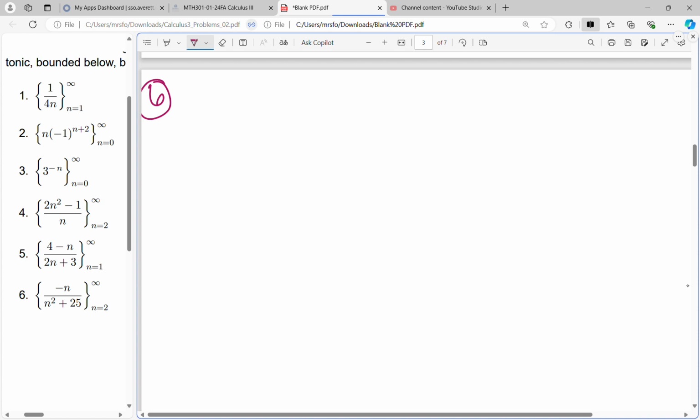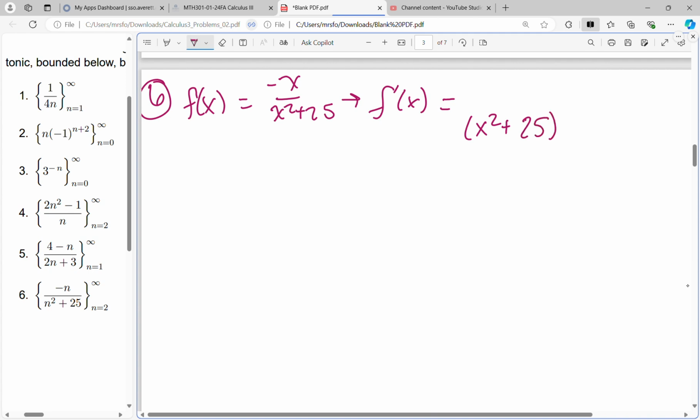If it's not, then it's not either. We do this in terms of x when we take the derivative. So the derivative here, again, you can do high d low minus low d high. And if we do that, your denominator is going to be (x squared plus 25) squared.